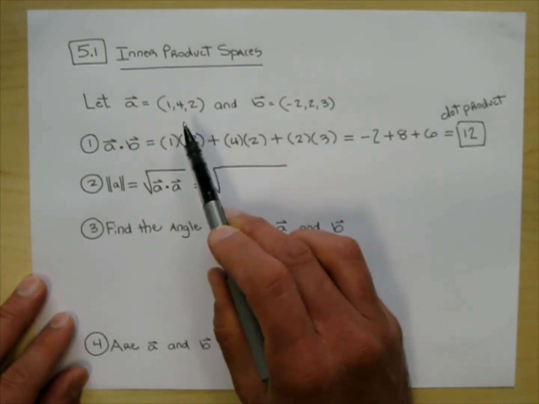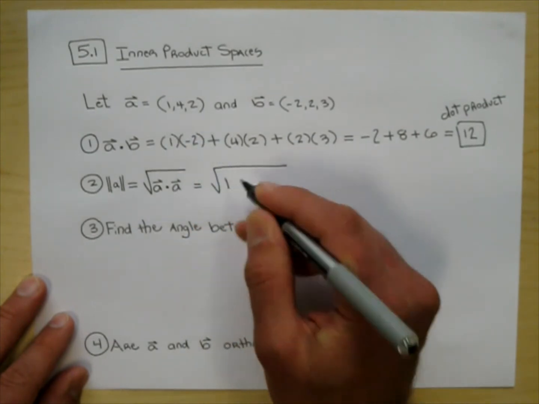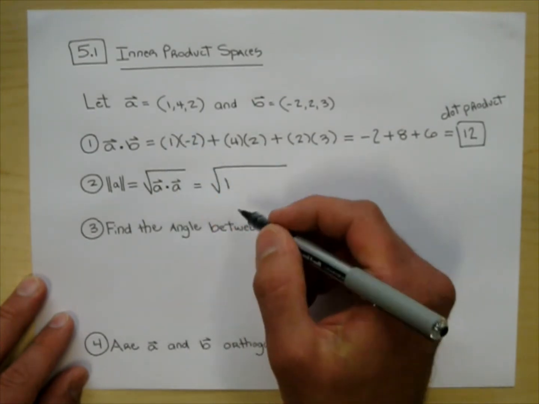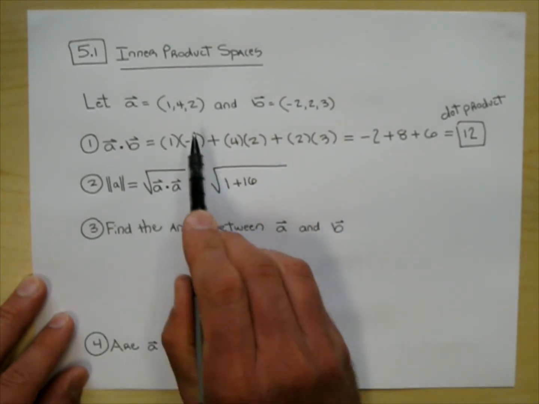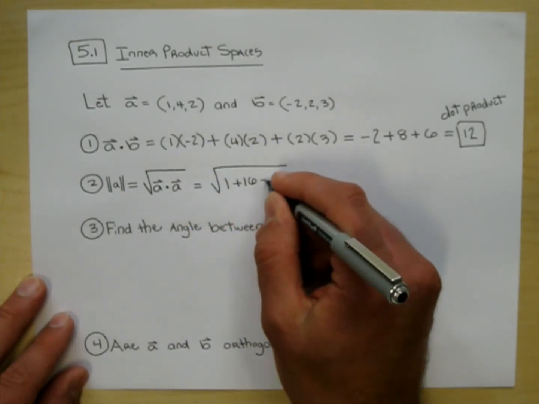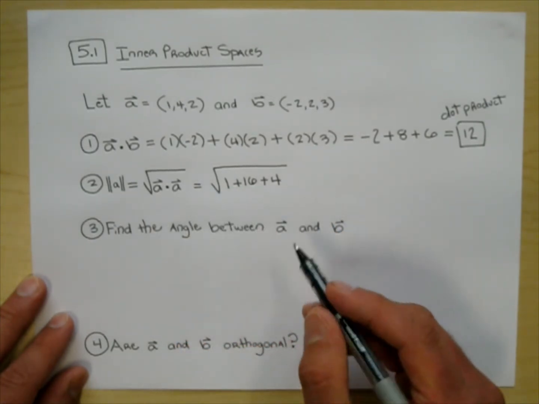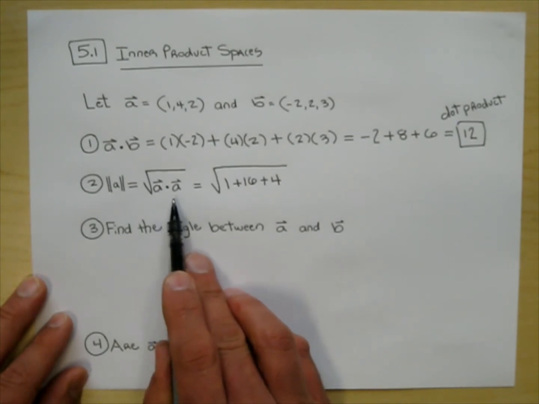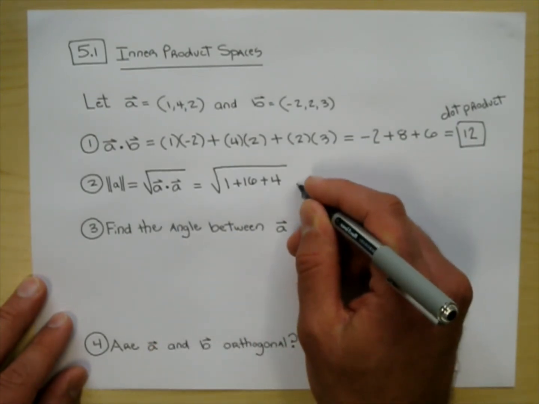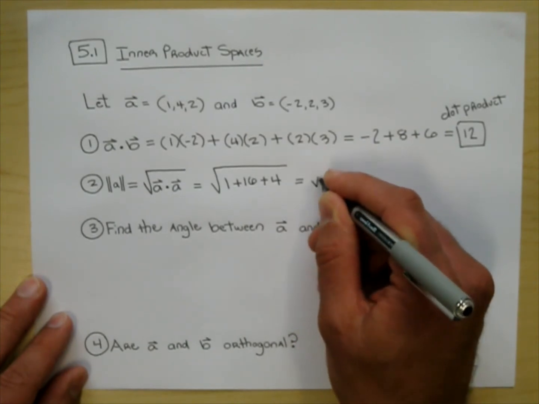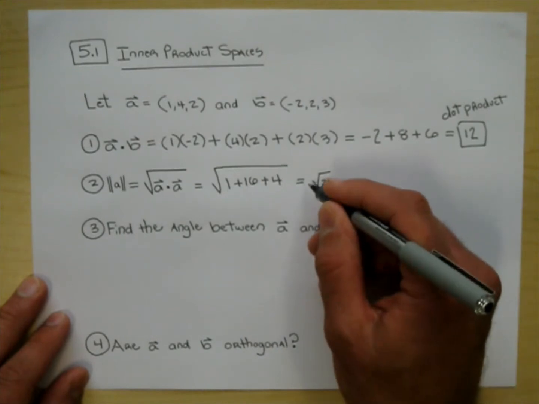So A dotted with itself, I'm going to multiply 1 times 1, which gives me 1, and then plus 4 times 4, which gives me 16, plus 2 times 2, which gives me 4. We could have said 1 squared plus 4 squared plus 2 squared. That's the same thing when you're dotting a vector with itself. So this gives me the square root of 21.